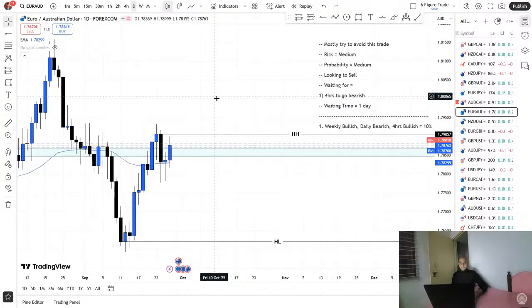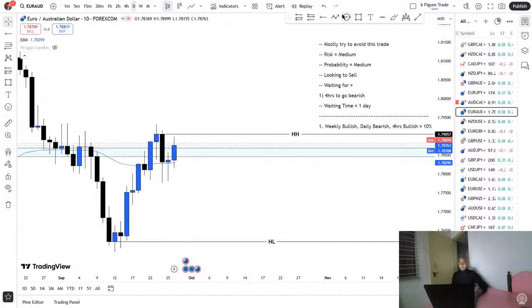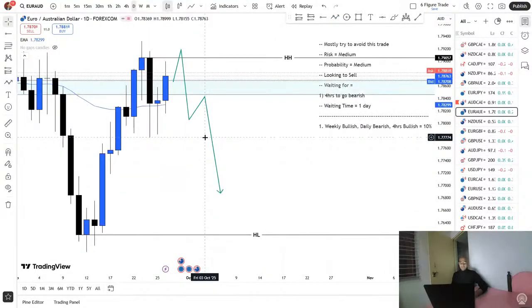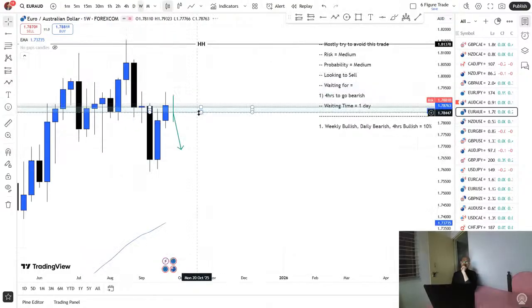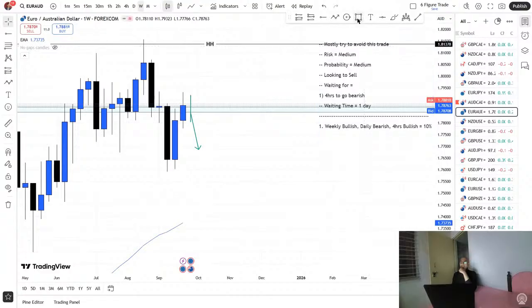So brother, what I'm feeling here is the daily then comes down. This is going to create a doji candle on the weekly. So here the 2 week doji will get created, right? And then the next week it is going to have the push to the downside.